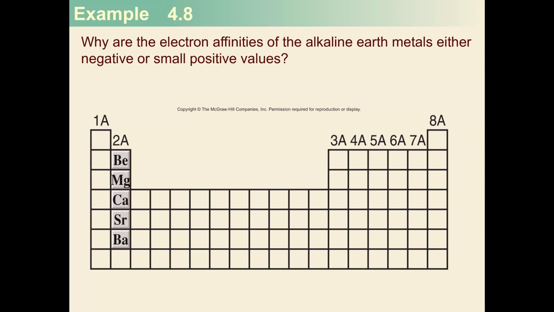Why are the electron affinities for the alkaline earth metals either negative or very small positive values? So let's look at this periodic table and let's think of our beryllium. When it comes to our beryllium, we end up having our valence shell being the 2s orbital set. So now the electron affinity is going to talk about adding an electron.